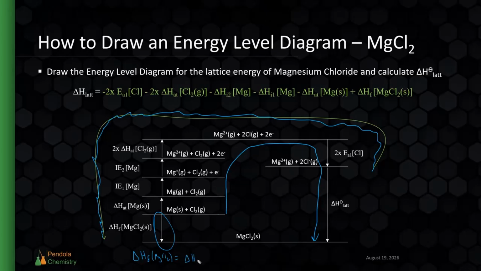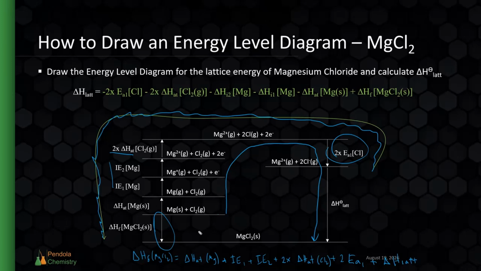So delta HAT of magnesium plus the ionizations, so plus IE1 plus IE2, plus 2 times delta HAT for chlorine, which we have right here, plus 2 times EA1, plus delta H lattice.